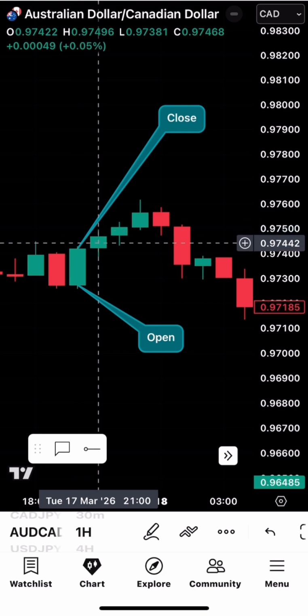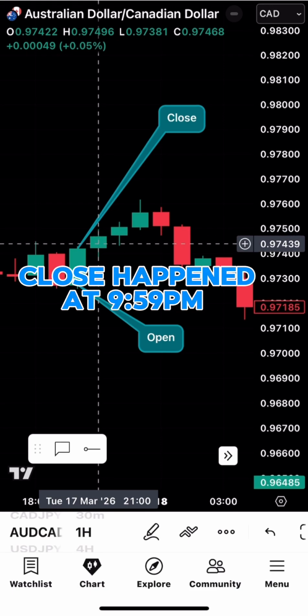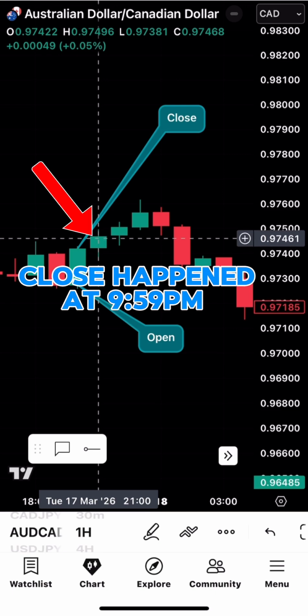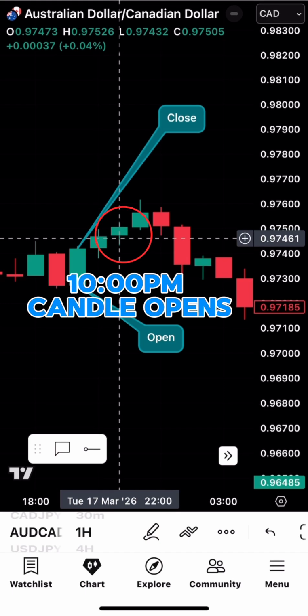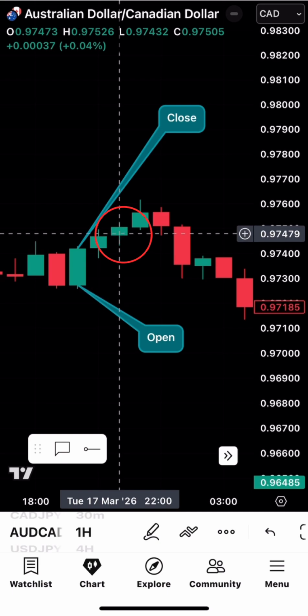And this is the 9 o'clock. This is the 9 o'clock candlestick. That means that at 9:59, the candlestick closed here, right? And then opened next door at exactly 10 p.m., right? And then did the same thing.